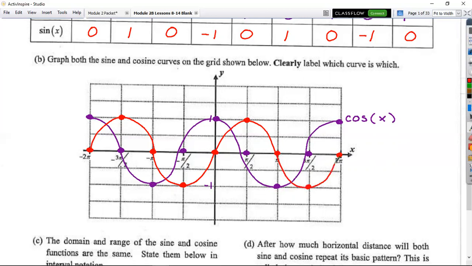If you've got a very visual eye, yes, you can apply transformations to a sine curve to obtain a cosine curve and vice versa. They can absolutely be flipped on top of each other with just some transformations and some phase shifts. So this one is my graph of sine of x.